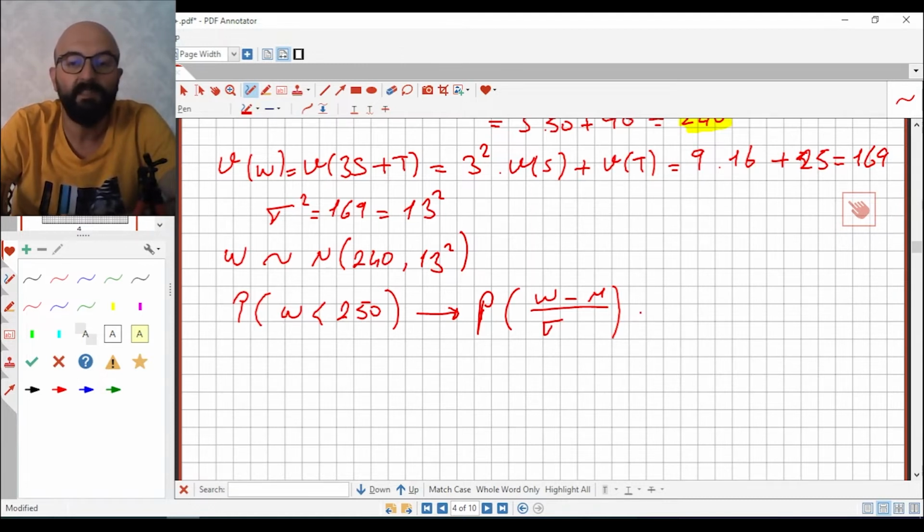So it means the probability of Z less than (250 minus the expected value 240) over 13.